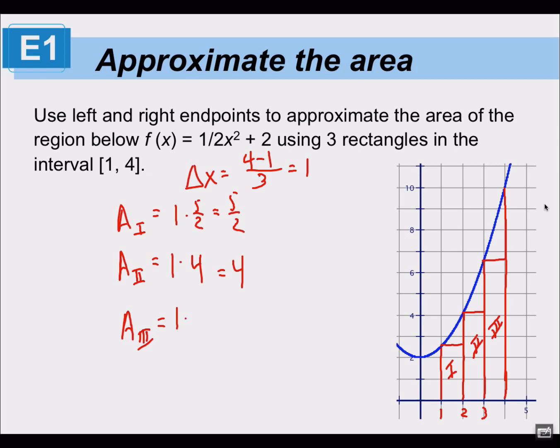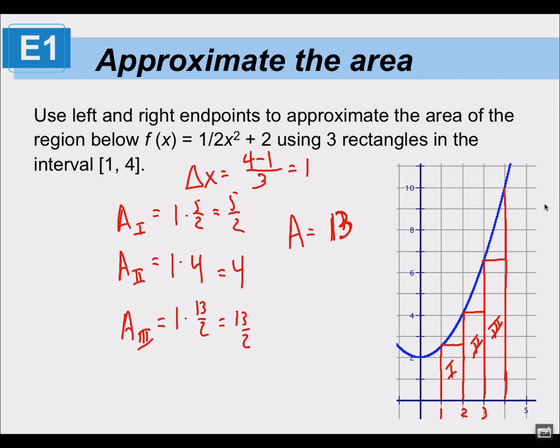And what's f of 3? 9/2 plus 2, 13/2. Did I do that right? Yeah. Okay, so the answer to the question then would be the area under the curve is approximated as 1/2 times 5 plus 8 plus 13, which is 26 over 2. That's supposed to be a 3.